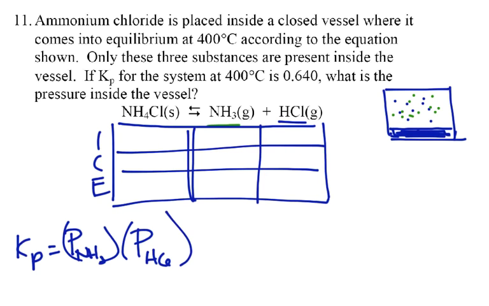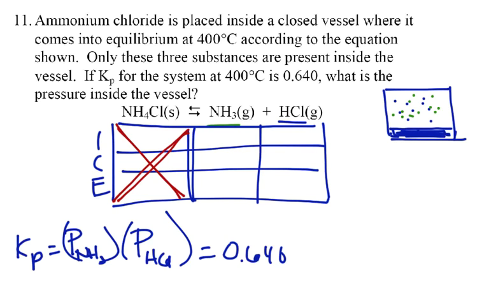Now HCl, if we saw that as a solution, we'd say that's hydrochloric acid, but as a gas, it's hydrogen chloride gas. Very, very terrible thing to smell. If you have concentrated hydrochloric acid in a bottle, HCl is what goes up into your nose. Now this is all equal to 0.640. Here's a solid, so we're just going to totally ignore that.